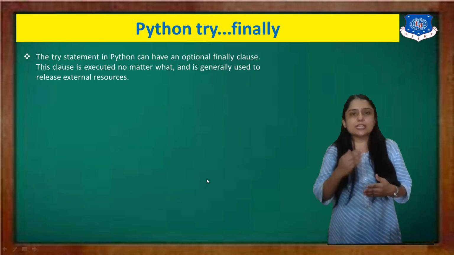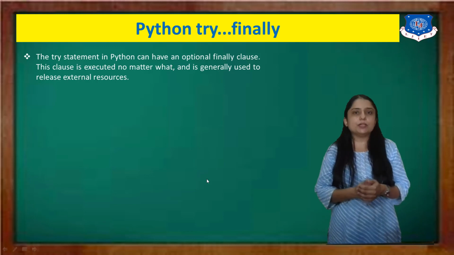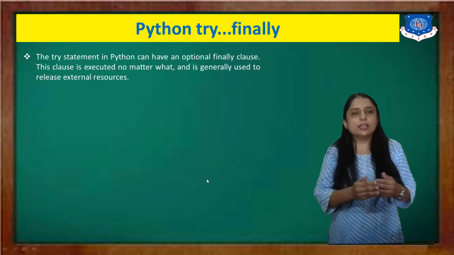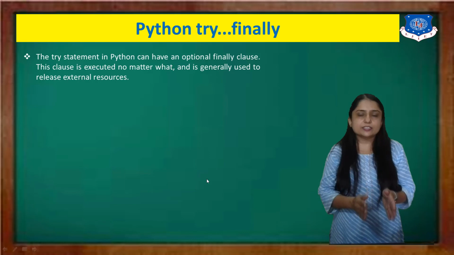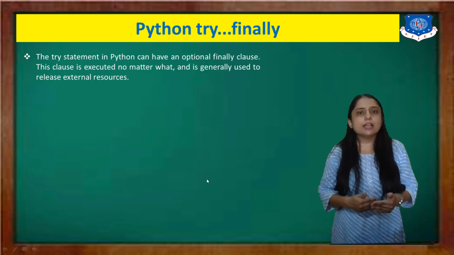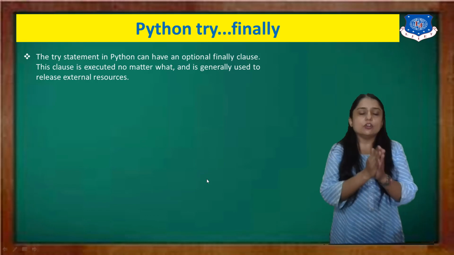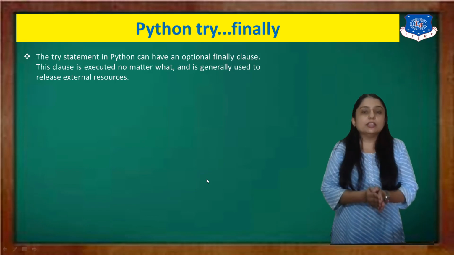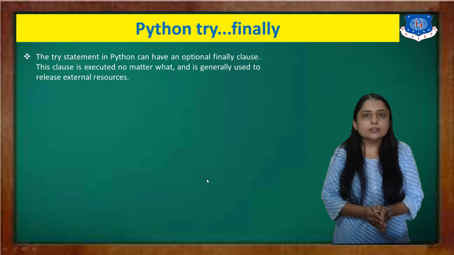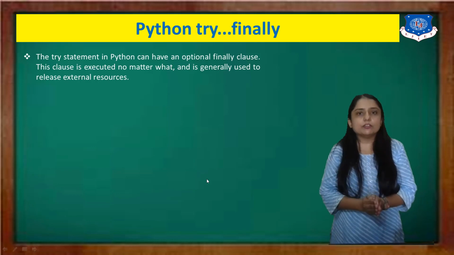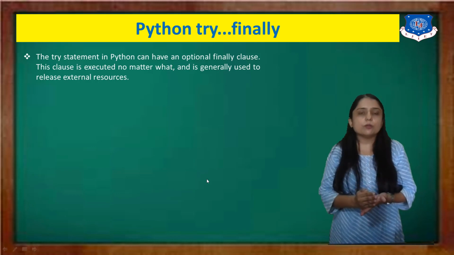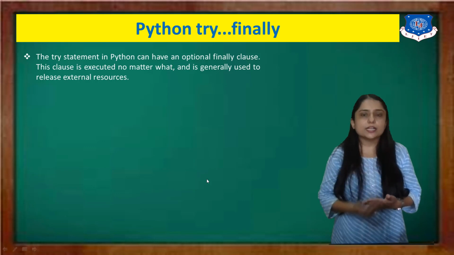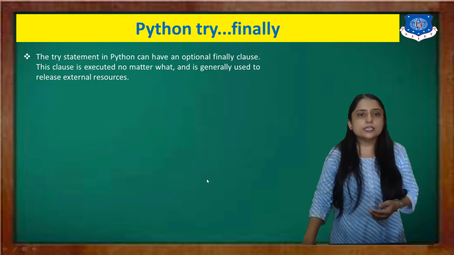Alright. I'll give you a simple example. For example, if I open a file and inside the file there is any error, then I write some except clause over there. But in any case, I want to close my resource, so I have to use the finally statement, and whatever statement is for closing the file, you write inside the finally.